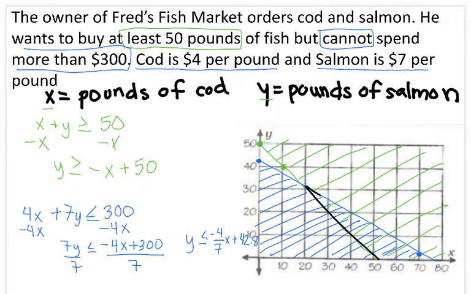And any point that is inside this section would be our answer. It would be a solution for the owner to figure out what to buy so that he is not spending more than $300 and he's buying at least 50 pounds of fish.